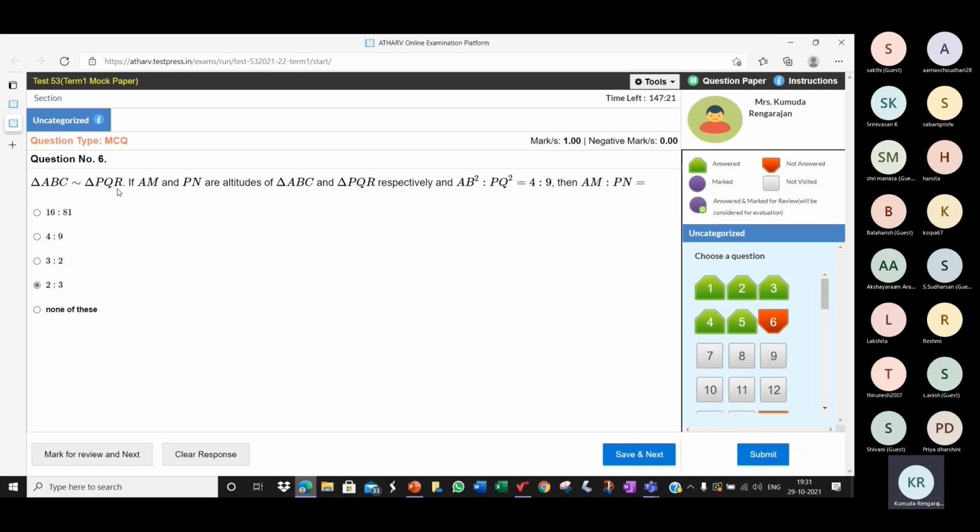Because ABC is similar to PQR, vertex A corresponds to vertex P, vertex B corresponds to vertex Q, vertex C corresponds to vertex R. So the altitude or median or the angle bisector of A will correspond to the altitude from P or the median from P or the angle bisector of P. So AM by PN will be equal to 2 by 3.